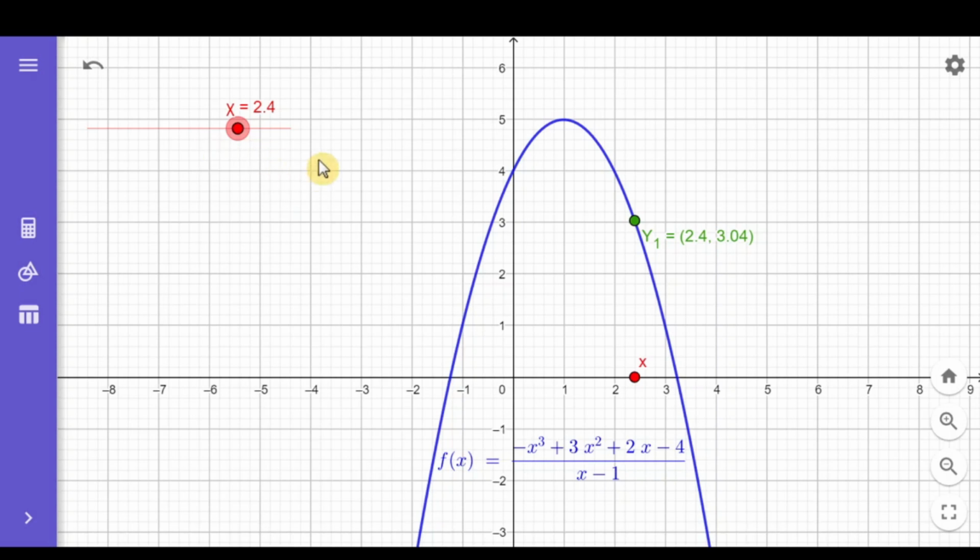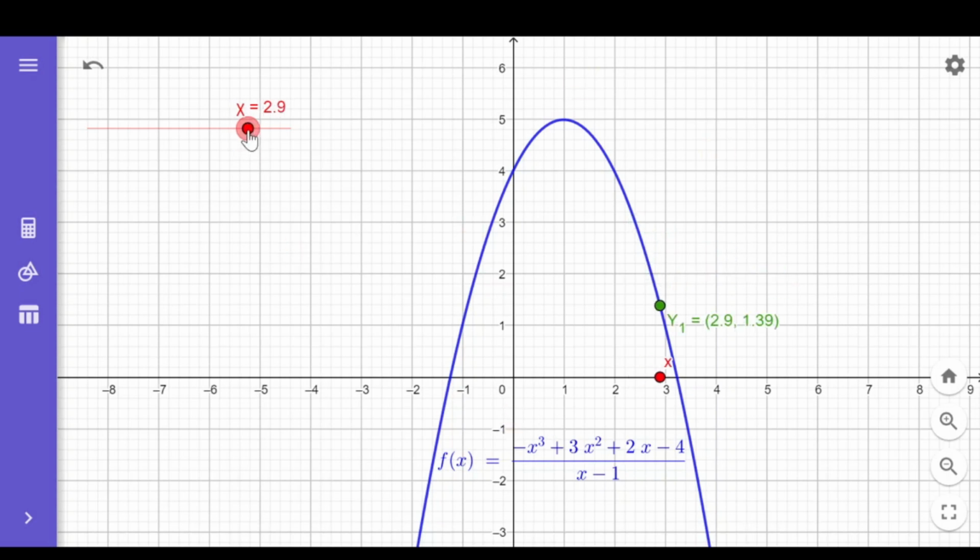And where can we see the value? Nandito sa y sub 1. I included subscript because later on, I will be introducing another function and it would be confusing kapag y lang yan. So for the first function, we will call it y sub 1. At x equal to 2.4, the value of the function is 3.04. So, ganun lang yung ibig sabihin nito.